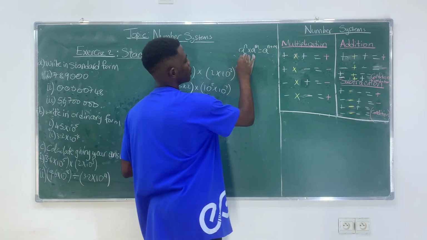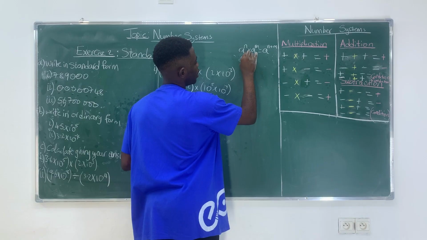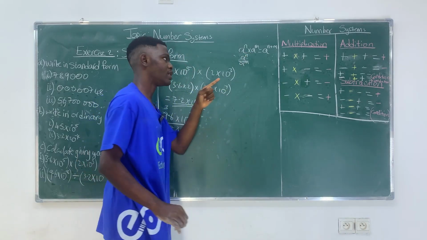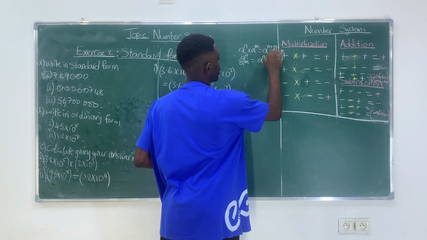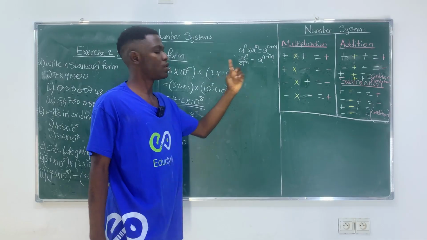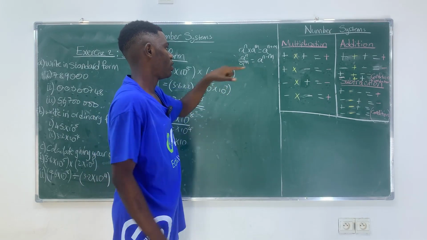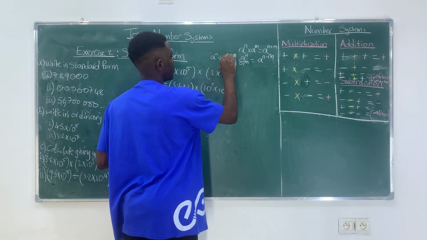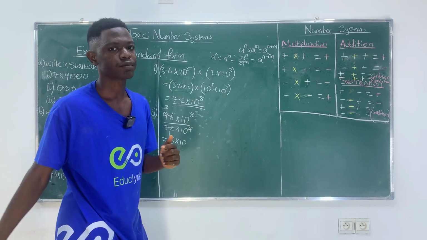Since it is 10 to the power 8 divided by 10 to the power 4, we have to recall the law of indices. a to the power n all over a to the power m, this is the same as a to the power n divided by a to the power m.